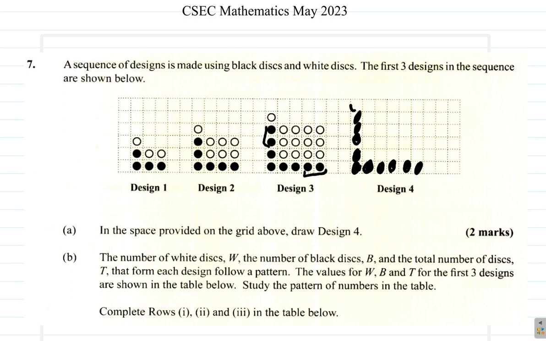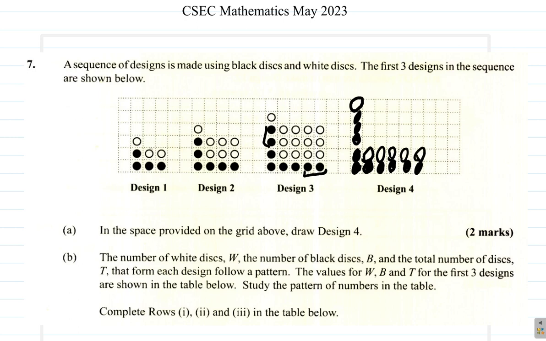As for the white disc, you always have one white disc at the top left. But within this region now, what do you have? For this was 2 across, 3 across, 4 across, so it must be 5 across. 1, 2, 3, 4, 5.